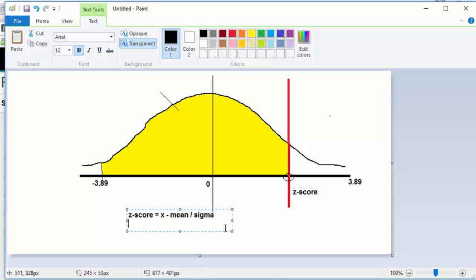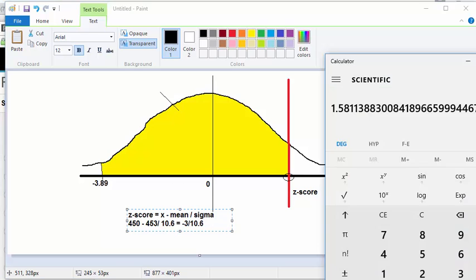In our case, x is 450. The mean for the weight of the jars is 453, and we have to divide this by the standard deviation, which is 10.6. So we have negative 3 divided by 10.6.